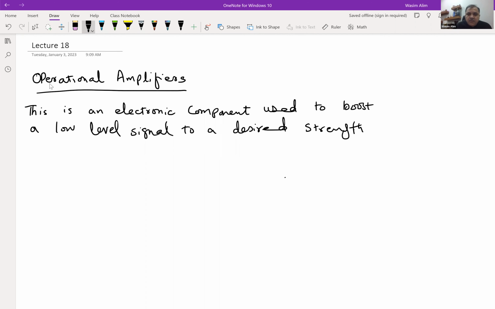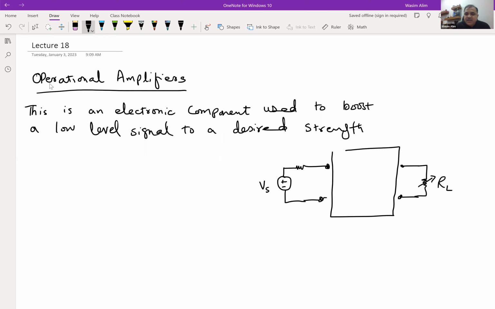So if we represent this source voltage using its Thevenin equivalent, and here we have a certain load tied to it, the amplifier sits in the middle.